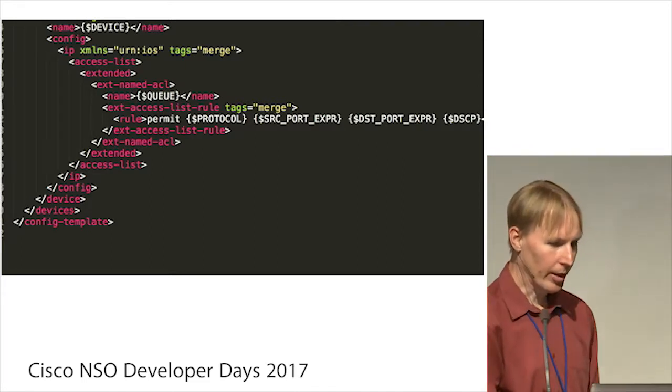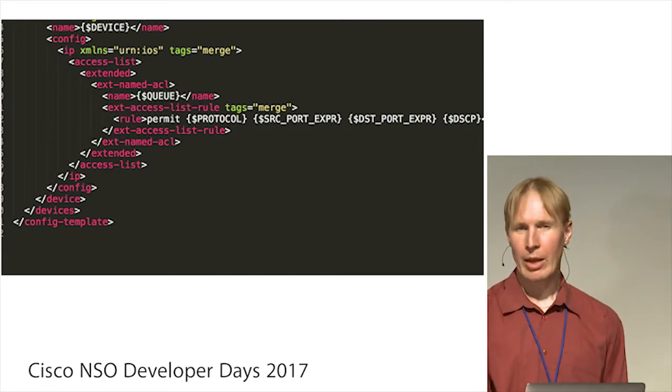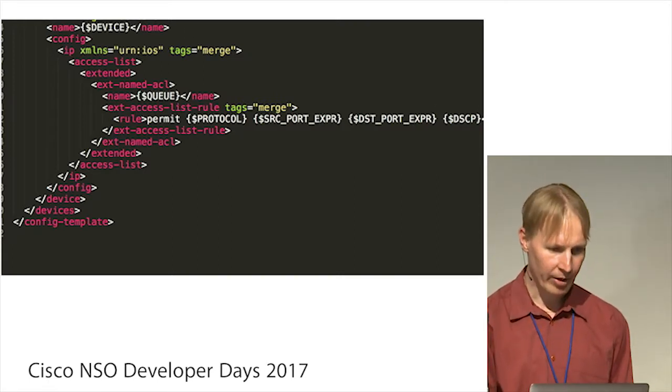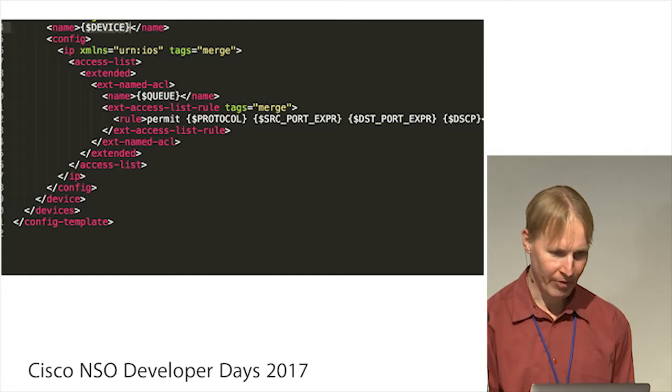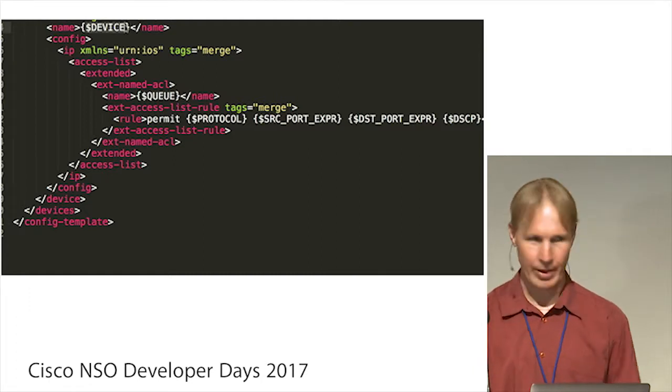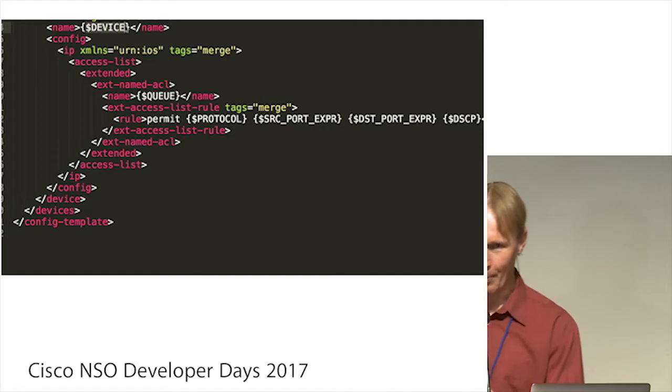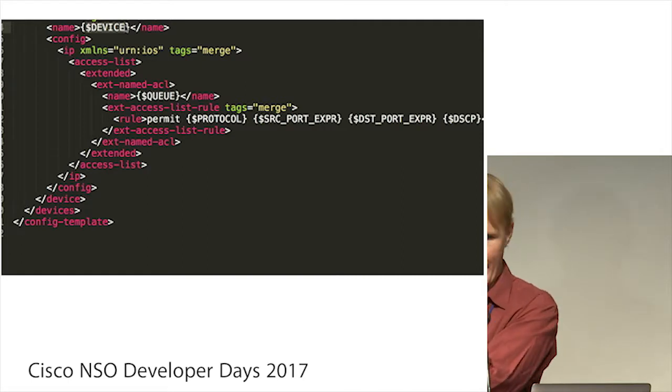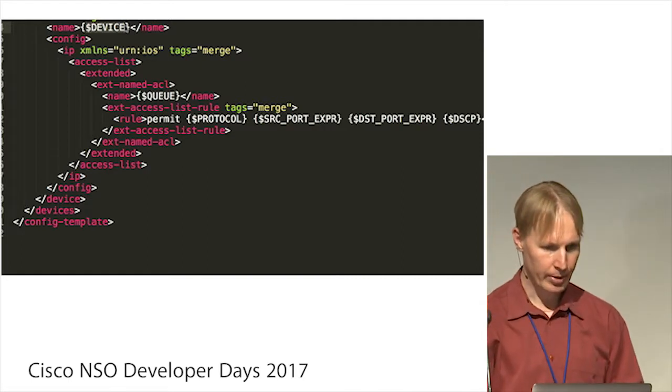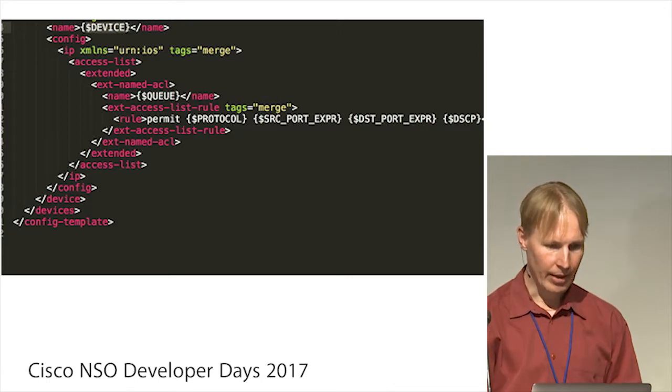So this navigates into the NSO device tree with devices, device, name, and here comes the $device that we bound in that bag of variables and that we supplied when we say, run this template please with this bag of variables. So this will be that device.